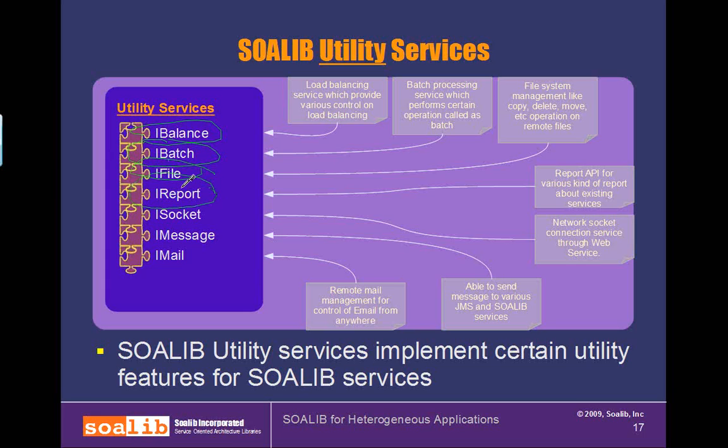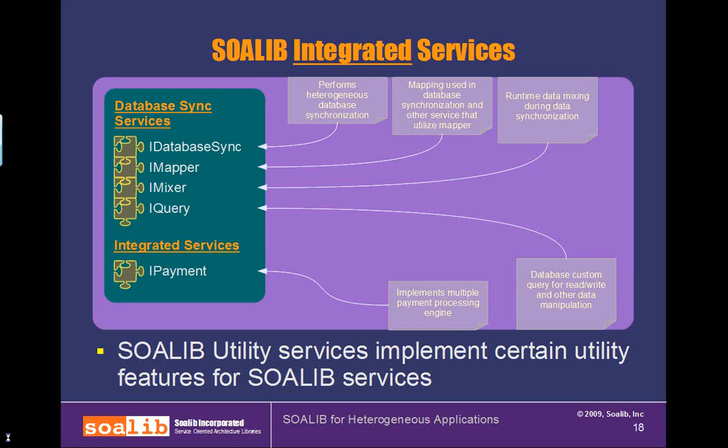Report is report generation, a special service that generates reports on databases. iSocket is a socket level API to connect to different servers using sockets. iMessage is for different messaging. It's a very powerful service, so you can send messages to other services, and this is one of the features that we use in multiple heterogeneous system integration. And iMail is a mail API which you can use from the web service.